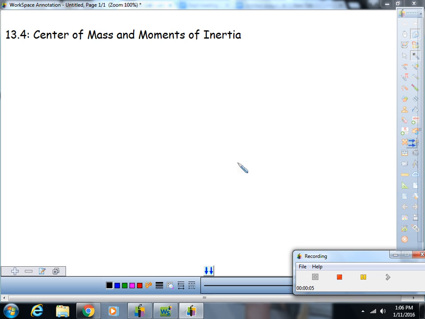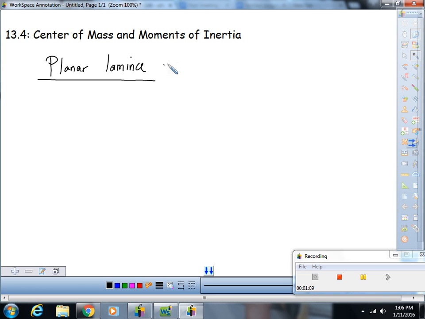All right, so a couple things. For 13-4, we are dealing with centers of mass and moments of inertia, 2 awesome topics. But the strange thing about this is we're doing it all for what's called a planar lamina, okay? And basically, think of a planar lamina as like a 2-dimensional object.